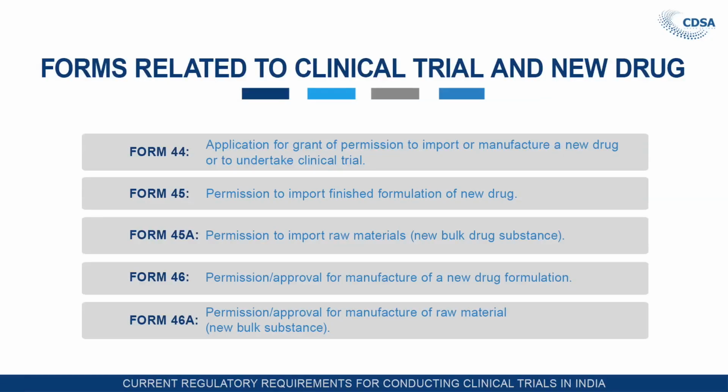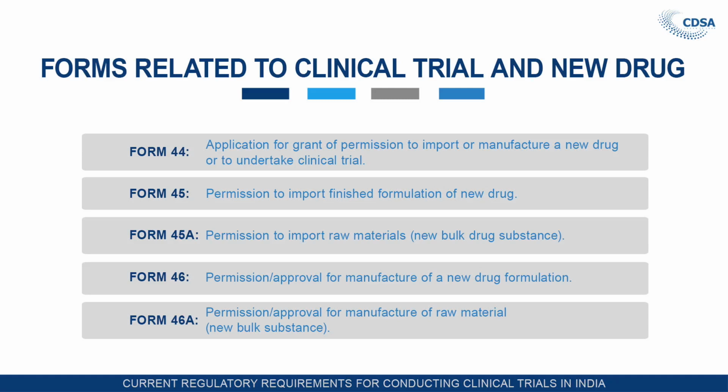Form 45A is permission to import raw material, that is a bulk drug ingredient. So the above form was for the formulation and this form is for the raw material. For this also the conditions have been mentioned in the form, the condition of permission to conform to the specification.